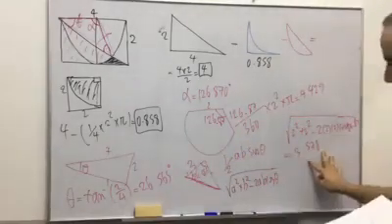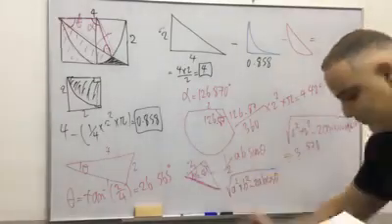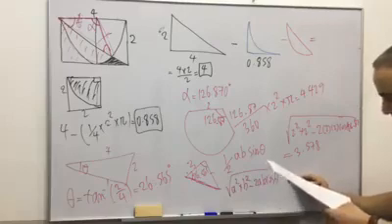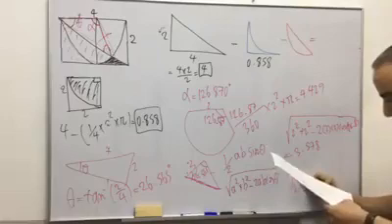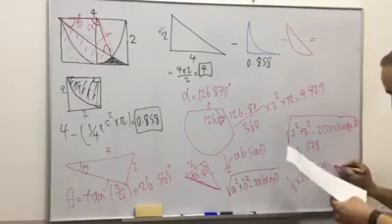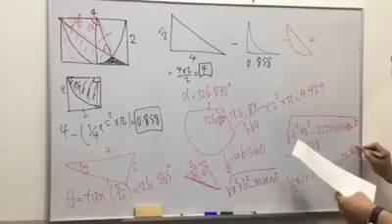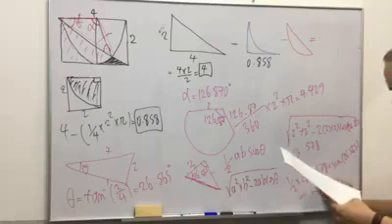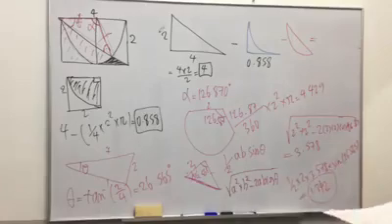Now I put that number plus 2 into this formula, and I get the area of the triangle. The area of the triangle is half of 2 times 3.578 times sine 26.565, which is 1.342. That's the area of this triangle.